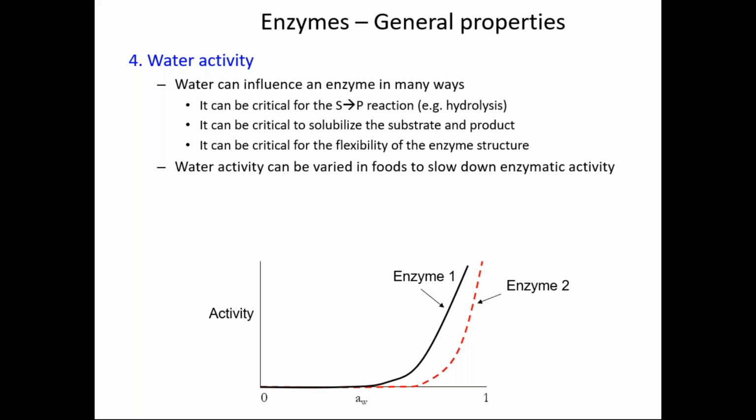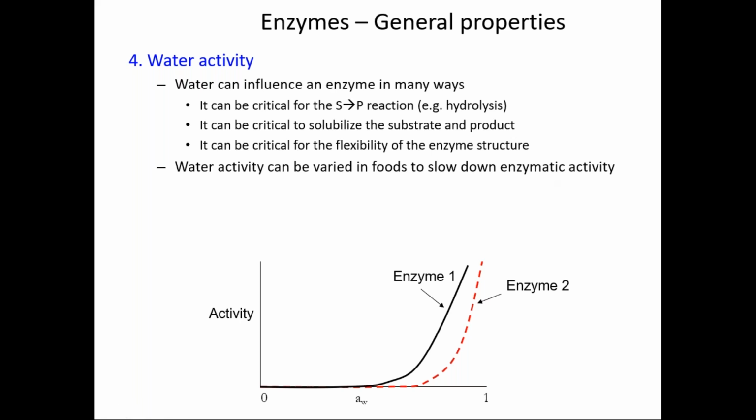Water activity is critical to solubilize the substrate, and it is critical for the flexibility of the enzyme structure, because the enzyme is a protein. If you recollect the last figure that I gave you, water activity can be varied in food to slow down the enzyme activity.